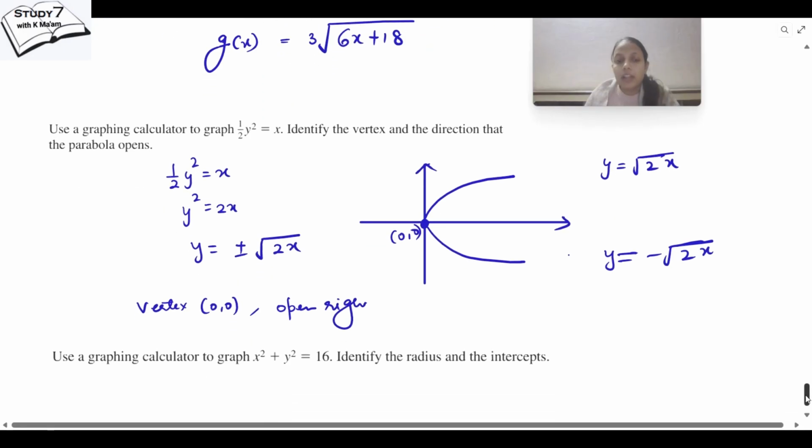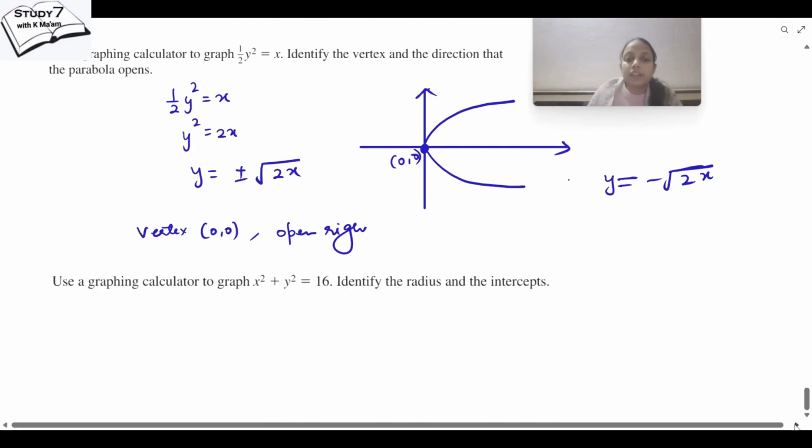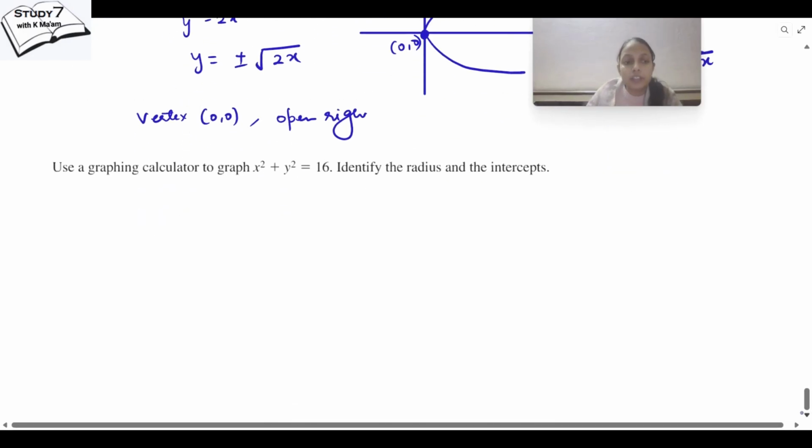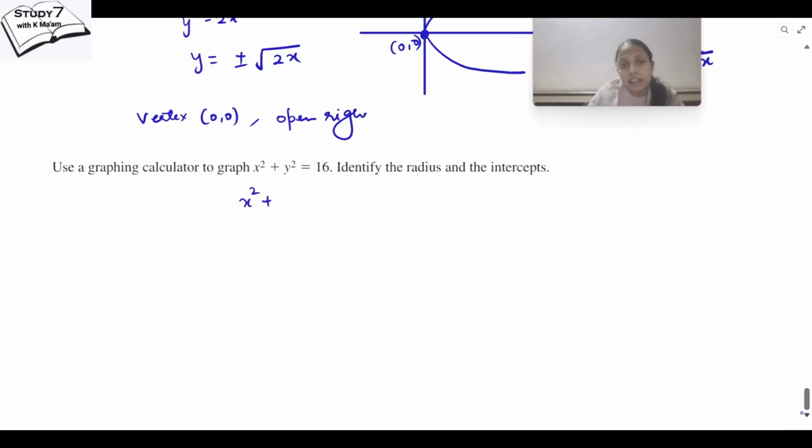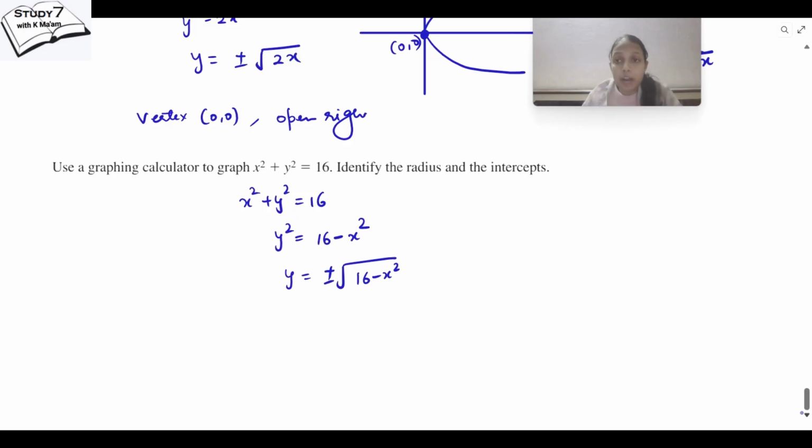Okay. Next, use a graphing calculator to graph this. It is a circle, the equation of a circle: x squared plus y squared is 16. Y squared equals 16 minus x squared. Y equals plus or minus the square root of 16 minus x squared. Because we told you many times, whenever you remove the even power, one answer is positive, one answer is negative.